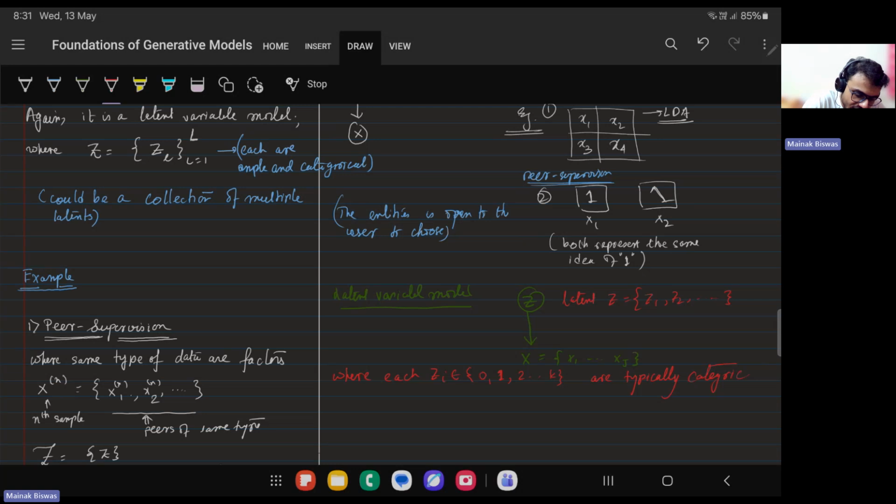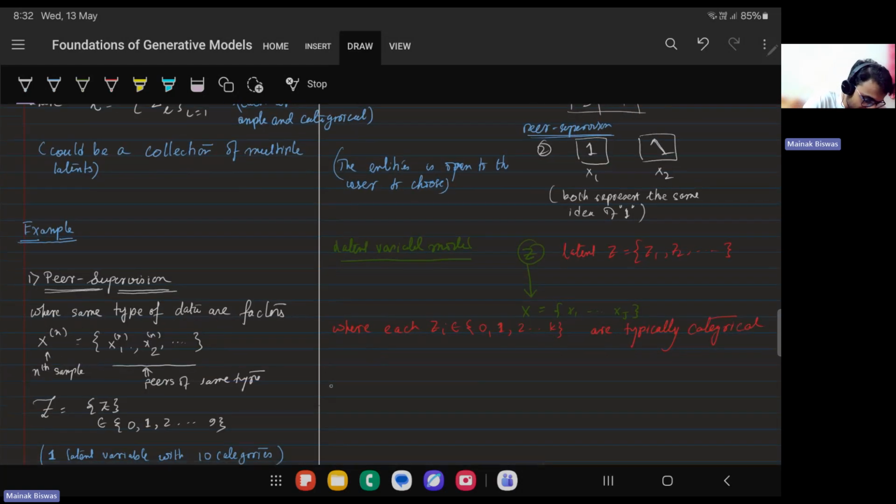Let us take an example using peer supervision, and this will become very clear. At a high level, the idea is that data can be clustered based on quantized, or categorical, latents.